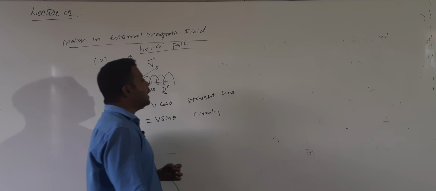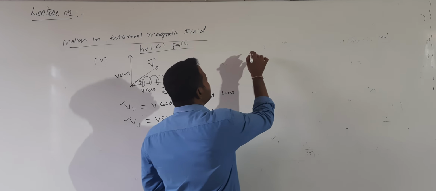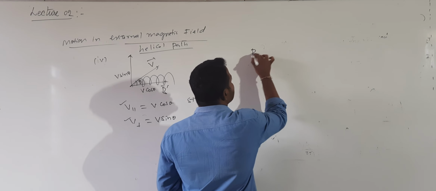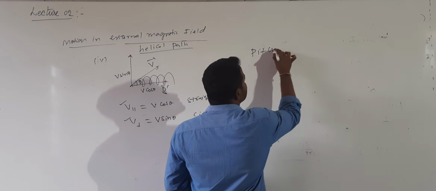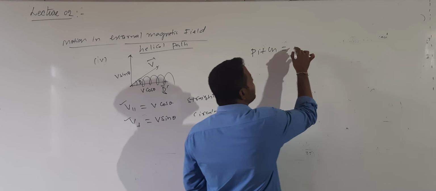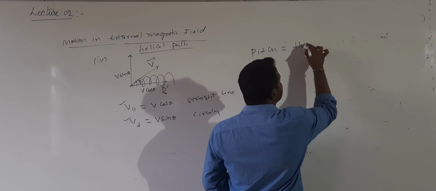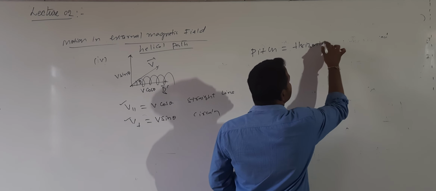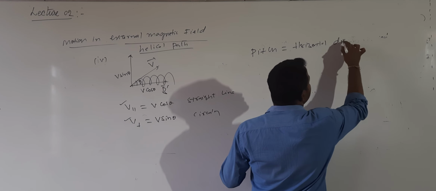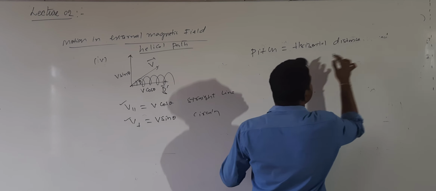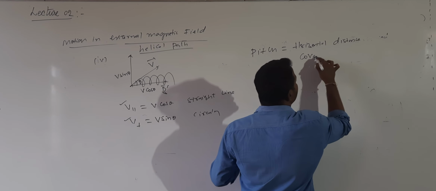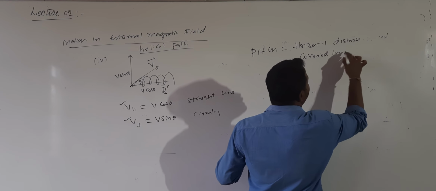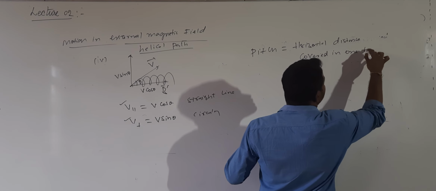For this helical path, the horizontal distance travelled in one time period is called the pitch. What is the pitch of the helical path? Pitch is nothing but the horizontal distance covered by the particle in one time period.